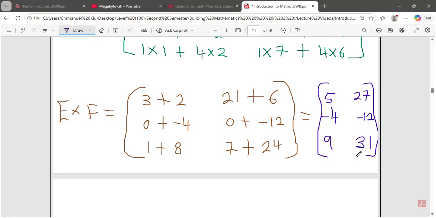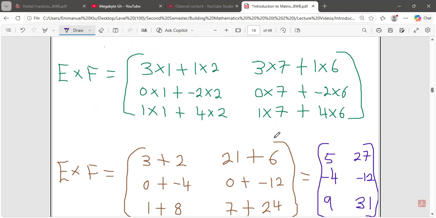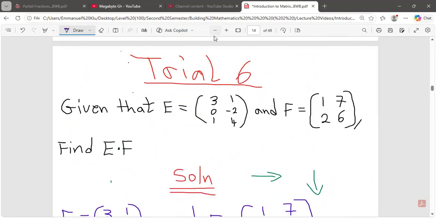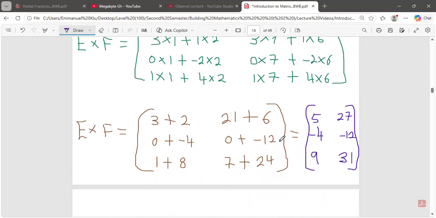So over here, we are going to get 31, telling us that the product of matrix E and matrix F, as we are seeing over here in the question that was given to us, is just going to lead us to get an answer of 5, 27, -4, -12, 9, 31. Okay. So that is our final answer.